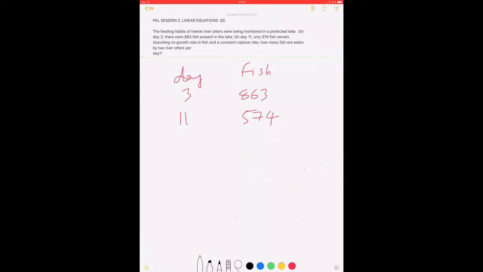Assuming no growth rate in the fish, so the fish are not reproducing, and a constant capture rate. That should immediately spark off a linear equation in your head. Constant. How many fish are eaten by 2 river otters per day?